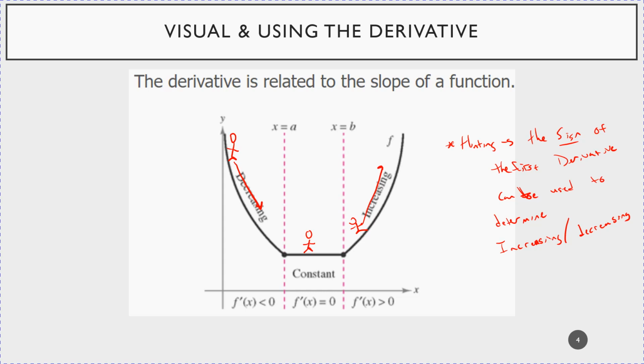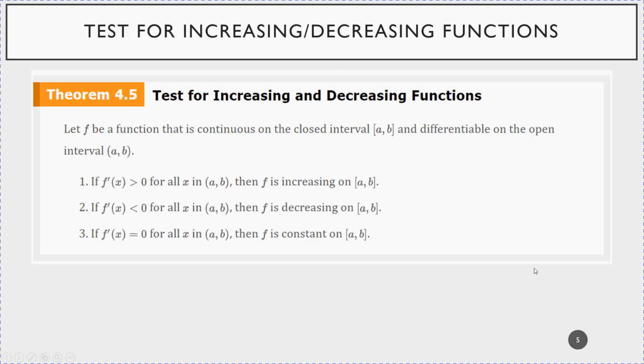You're going to see that in a couple of minutes when I do the first two examples, how we use the derivative here. So this is the test for increasing and decreasing functions.